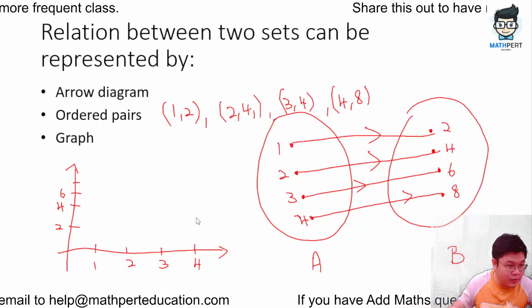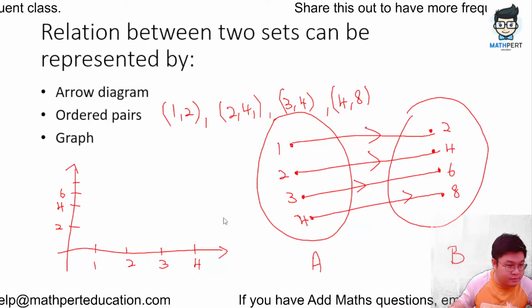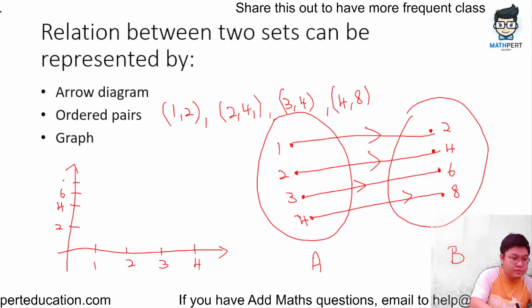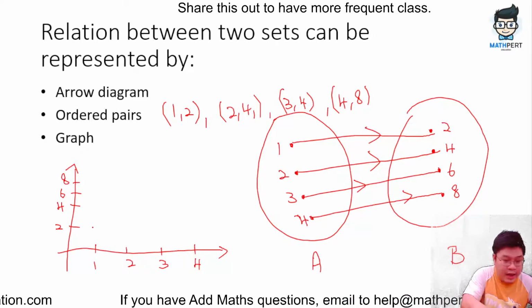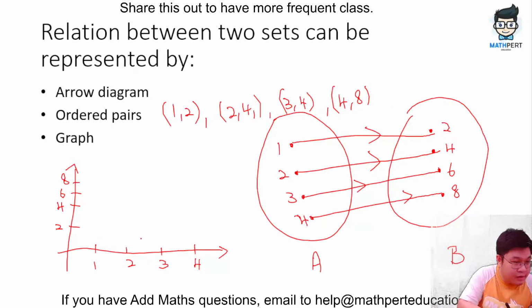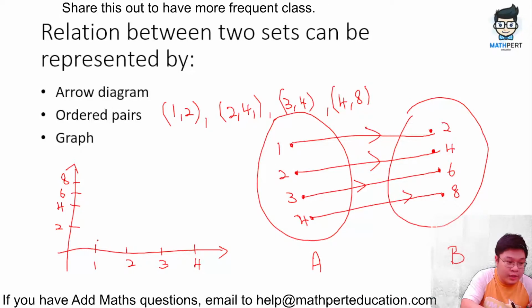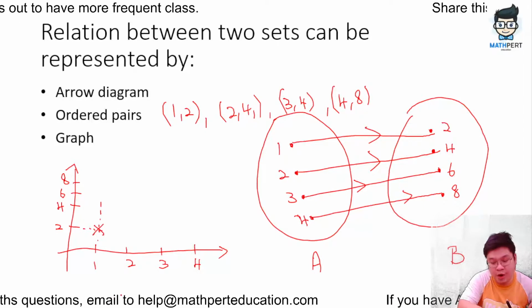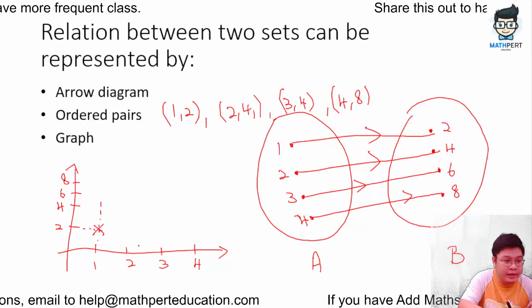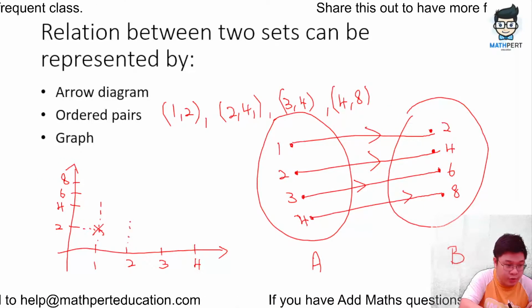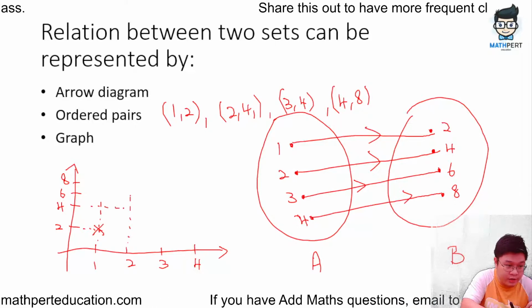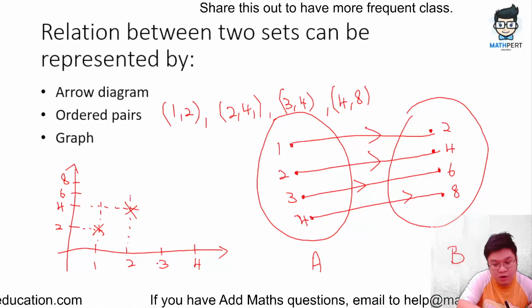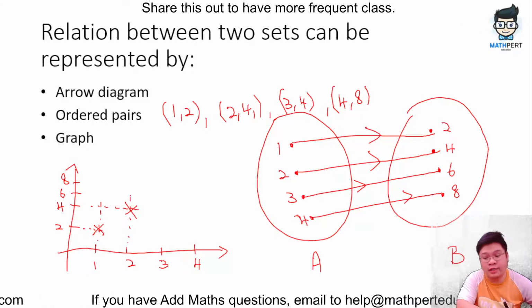So this will be 8. Alright, and then (1, 2): 1 is over here, so (1, 2) at this point. Then (2, 4): 2 is over here, 4 is over here. It is something like your coordinate geometry.